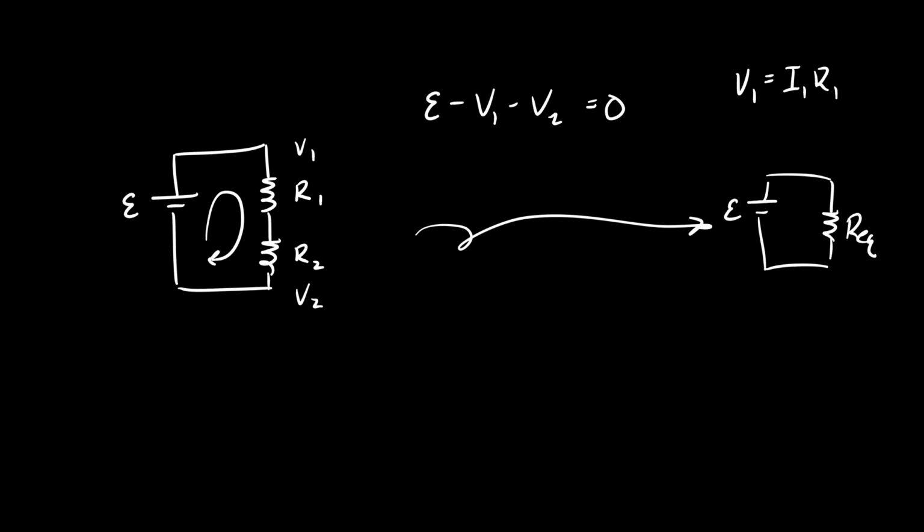If I use Ohm's law here, V1 would have to equal I1 times R1. This is how we use the capacitance formula. And V2 would have to equal I2 times R2.